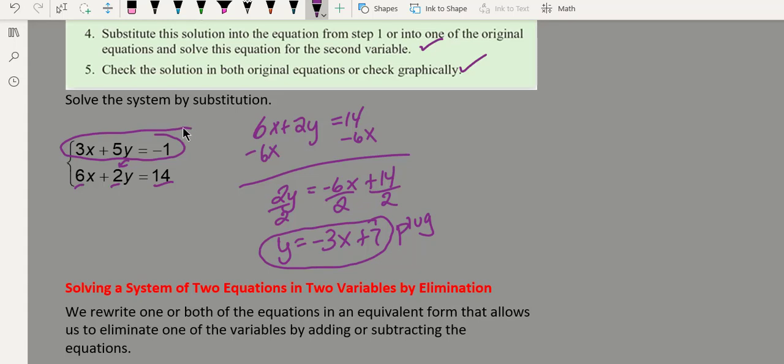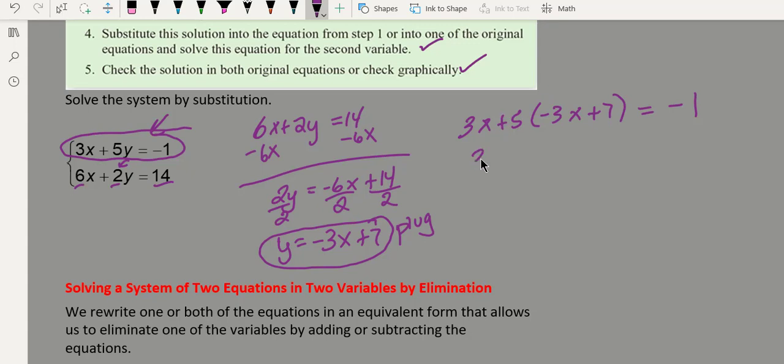Once we've solved for our variable, we plug this into the other equation. So the other equation we want to plug it into is 3x plus 5y equals negative 1. So this would be 3x plus 5 times (negative 3x plus 7) equals negative 1. Now we need to solve for x.